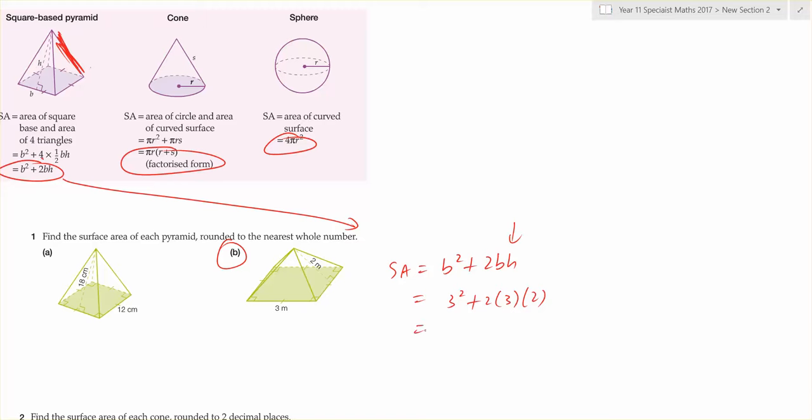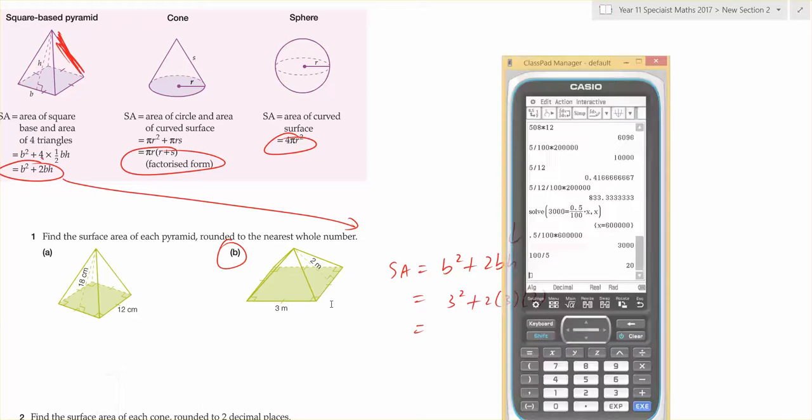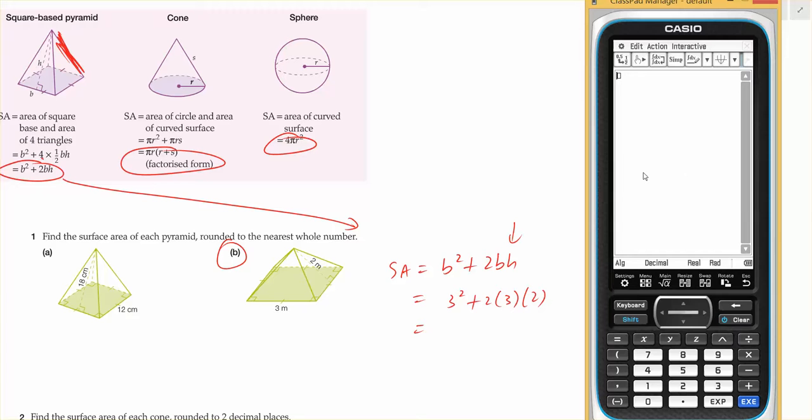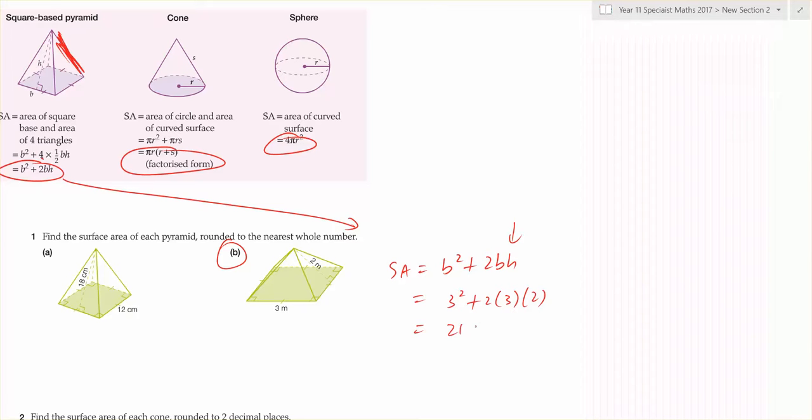If we enter this on our calculator: three squared plus 2 by 3 by 2, we get 21. We're talking about surface areas, so it's meters squared.